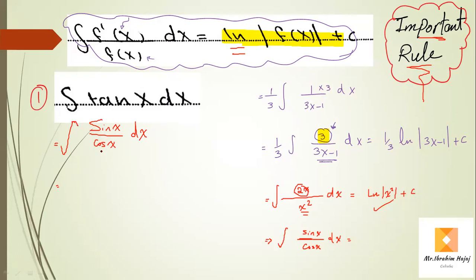What's the derivative of cosine? Negative sine. There is no negative here, but it should be negative. So to write this negative from yourself, multiply outside by negative.